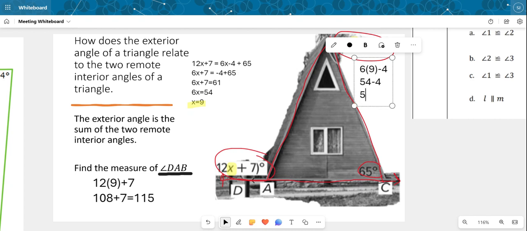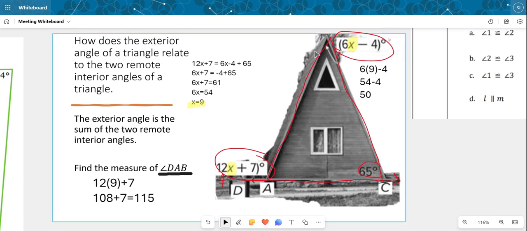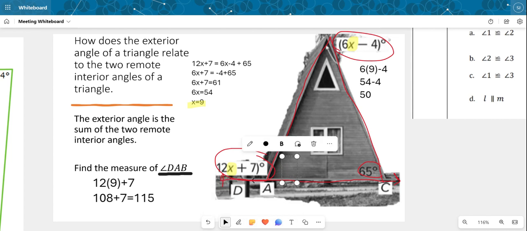Minus 4, we get 50 degrees. So this angle up at the top of this house is 50 degrees in size. We got 115 degrees here. Since we got 115, we could realize we got a linear pair here. And we can make this small comment here that this angle is 65 degrees as well.